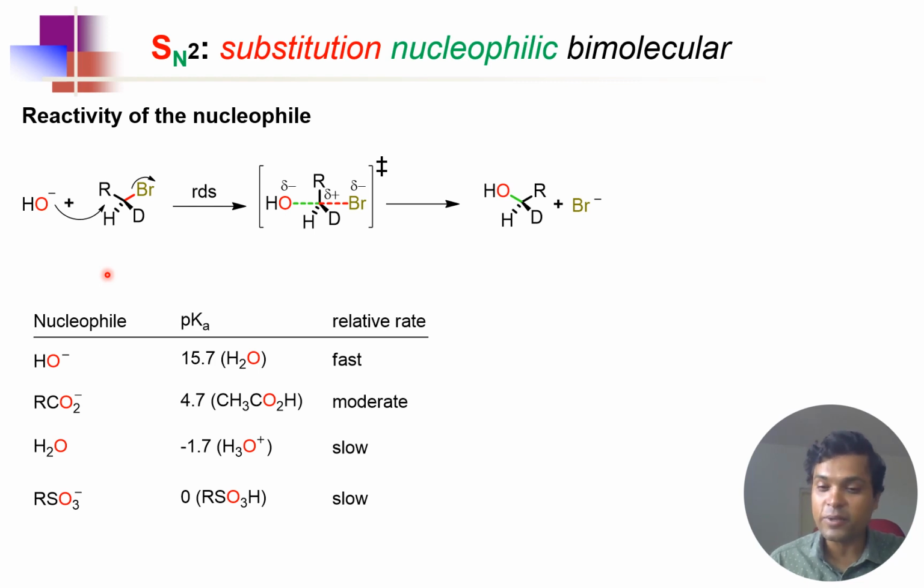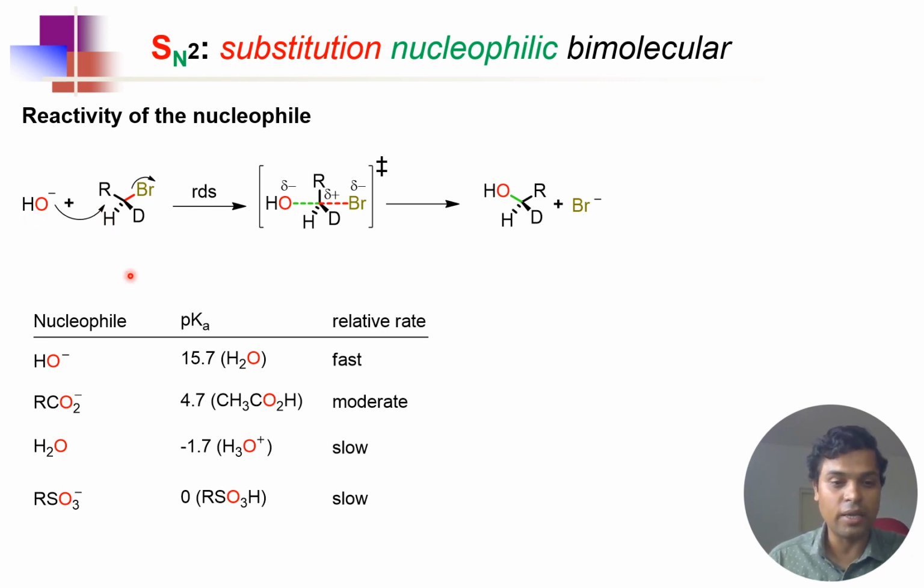Which means the nucleophile plays a very important role in the rate of the reaction. If your nucleophile is good, if it is reactive, then it should speed up the reaction. If it is not reactive, it's a bad nucleophile, then the reaction should be very slow, because that is involved in the RDS. So the property of the nucleophile will play a vital role in the rate of the reaction.